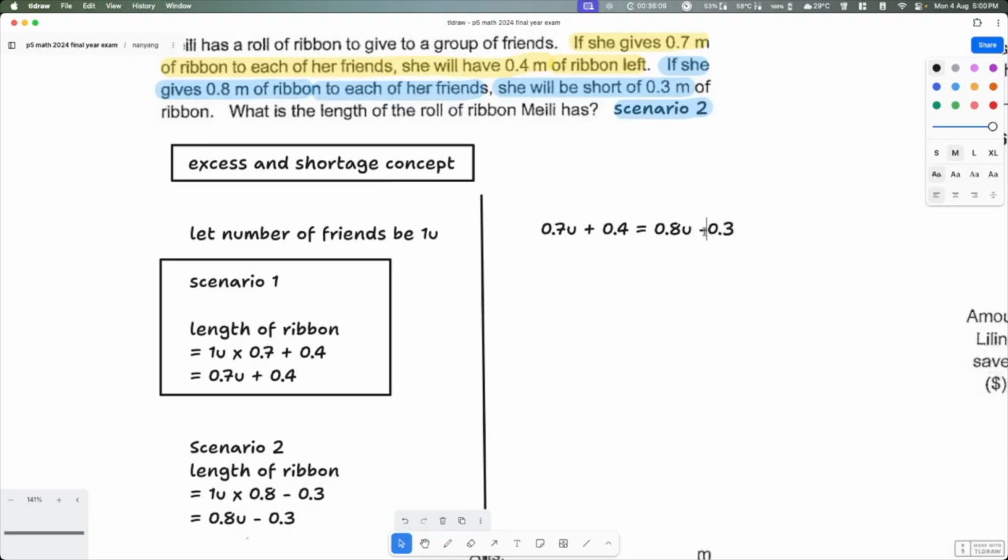I think it's easier like this: 0.8 minus 0.7 will be 0.1 unit, and then 0.1 unit minus 0.3 plus 0.4. Then 0.1 unit is equal to 0.4 plus 0.3.